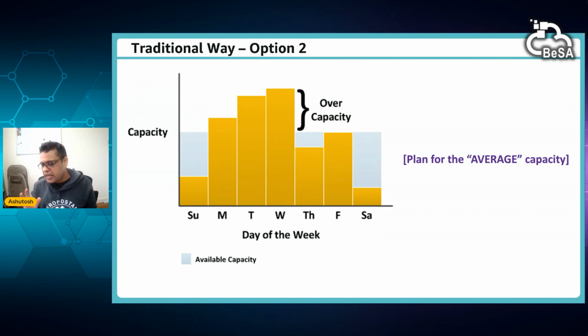You have an average, so if you need 100 servers, maybe have around 60 or 70 servers provisioned. This has a little plus side, it is less expensive, but it is a bad customer experience, because when customers need this application, their requests might be dropped because there is not enough capacity available. So this average capacity option is also not very good.